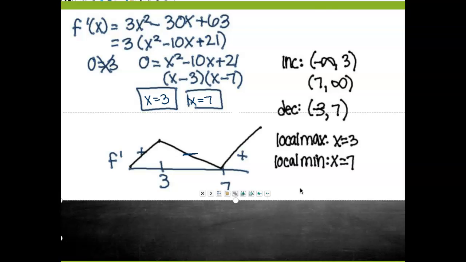So then I did my first derivative test to find where those critical points were positive and negative to the left and right of them. Since it was positive to the left of 3, negative to the right of 3, negative to the left of 7, and positive to the right of 7, that made 3 and 7 a local max and a local min.